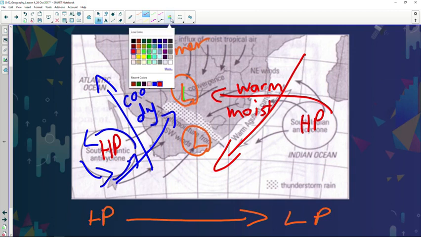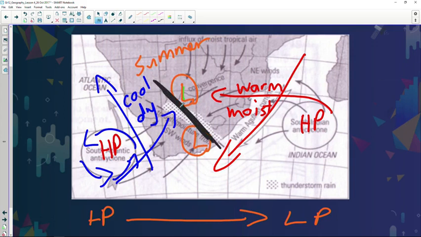Now, immediately what develops over here is known as a moisture front. Now, grade 12s, you've learned what a front is in the previous lessons. What's a front? It divides two masses of air.